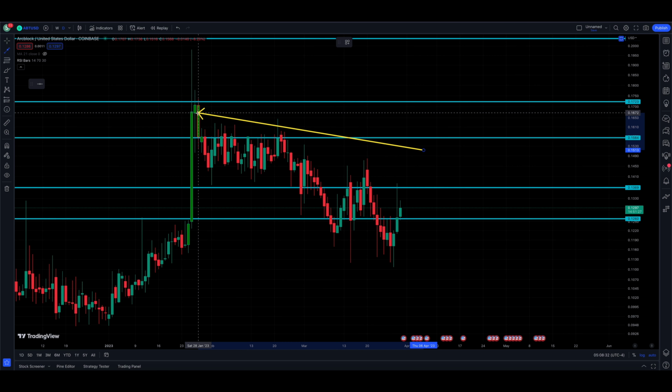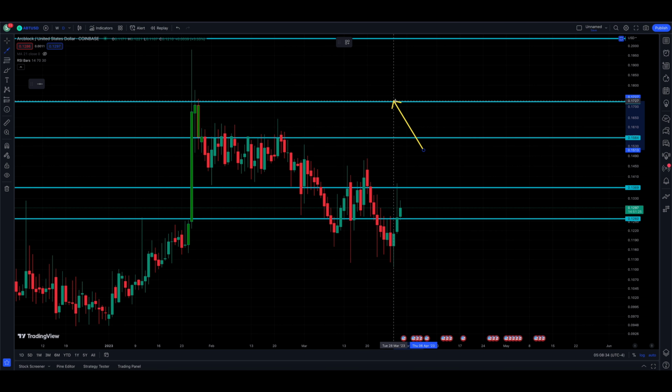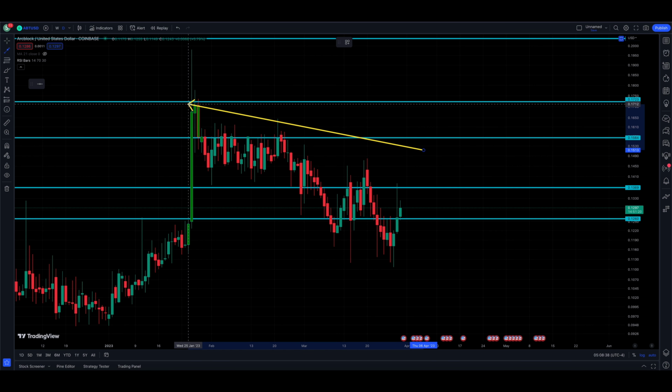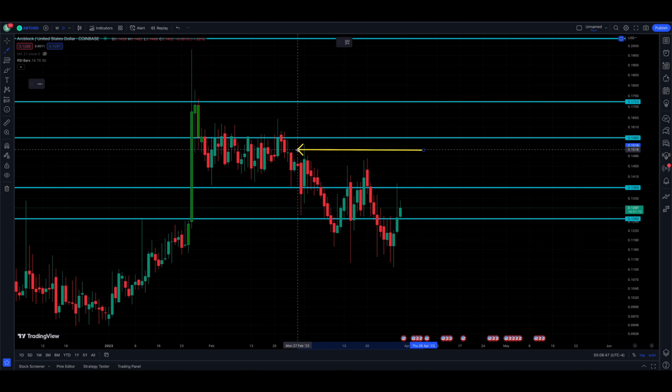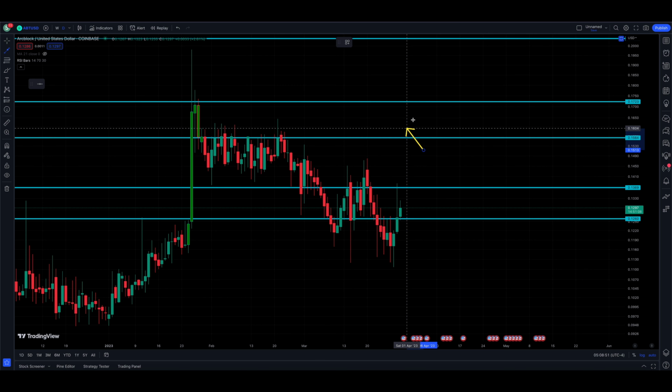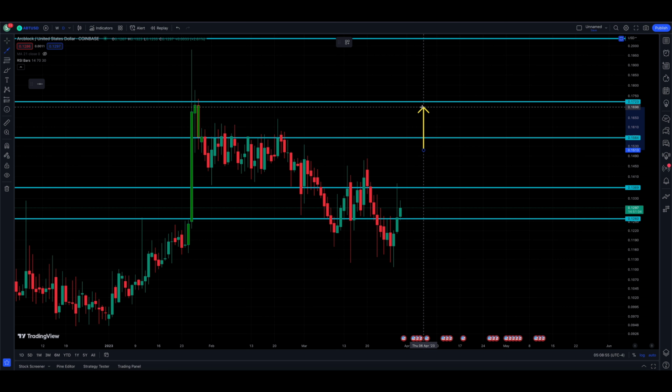It went above our 1723 level, but it closed below it. So that is a ceiling of resistance up there. And that is still valid because ever since then, we've been pushed back down to lower levels on the chart. And we have not yet reached back up there to flip that and turn that into support.